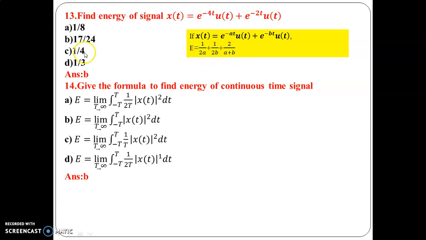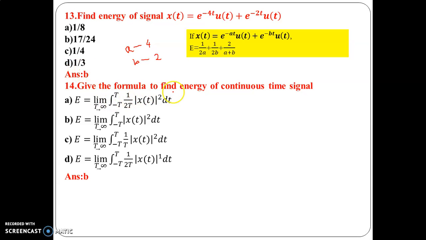Here a is equal to 4 and b is equal to 2. Just substitute a is equal to 4 and b is equal to 2 here. You will be getting the answer as 17 by 24. So the correct option is option B.